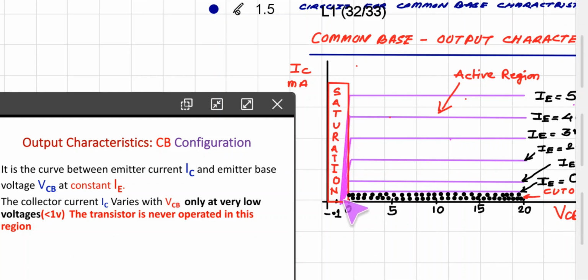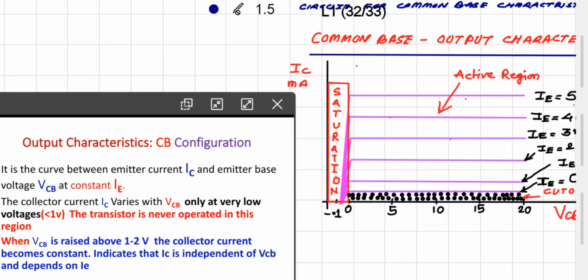In this region only it varies, but after that the current becomes constant, and the transistor is never used in this region. When VCB is raised up to some voltage, say 1 to 2 volt, the collector current becomes constant. It indicates that IC is independent of VCB. So the effect of rise in VCB does not affect this, and so it is independent of VCB.